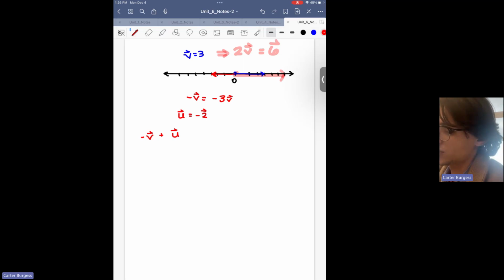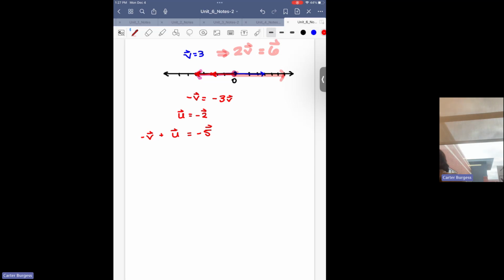So we go out to the left by 3, and then from this point, we travel an additional 2 to the left for a final vector that captures all of our change, traveling, in this case, 5 to the left. Algebraically, this is found very simply by adding these component movements.